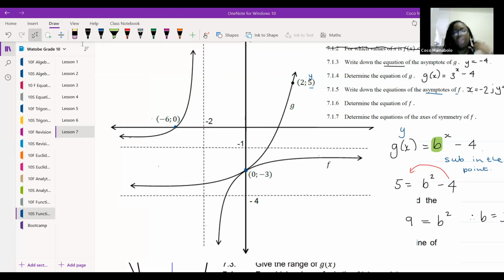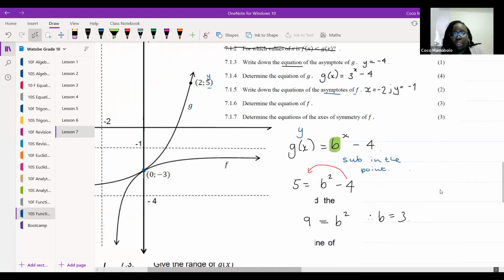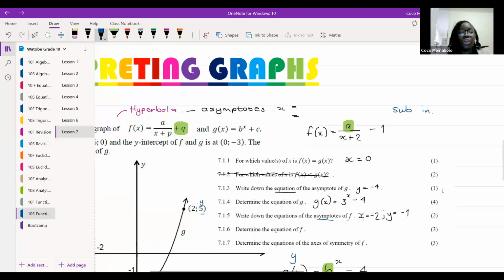It won't matter which one we use, guys. So here's what I want you to do. You choose which one you're going to put in. You can either sub in the point -6 and 0, or you can sub in the point 0 and -3. Remember, this is your x value and that is your y value.